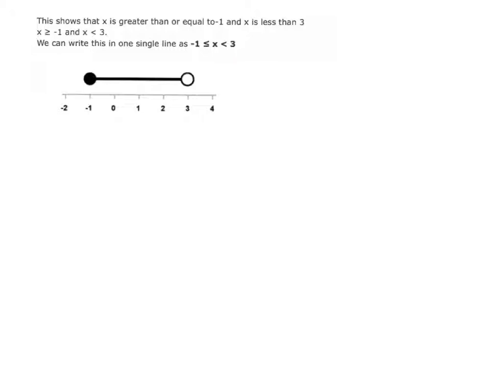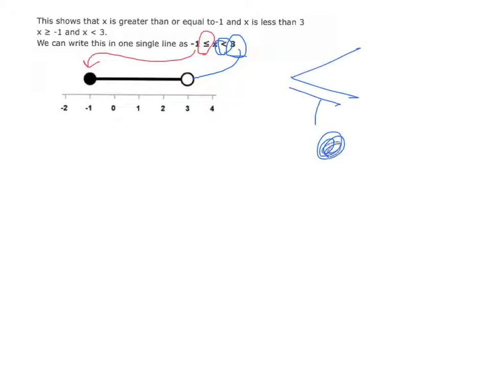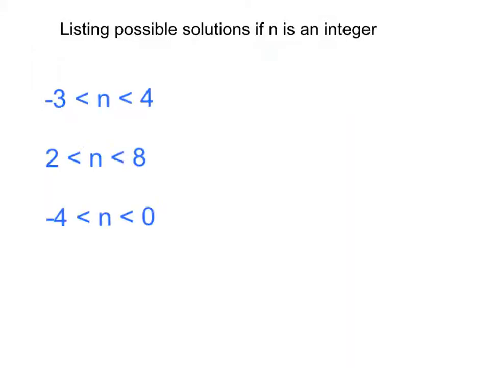So you can see the -1 is being shown by a coloured in black dot because it is less than or equal to, and the 3 is being shown by a hollow circle because it is just x is less than 3. So where we've got that extra line means that the circle is coloured in because it can include that number.